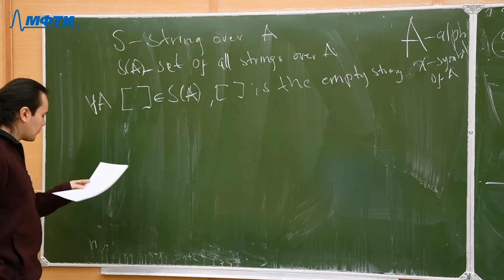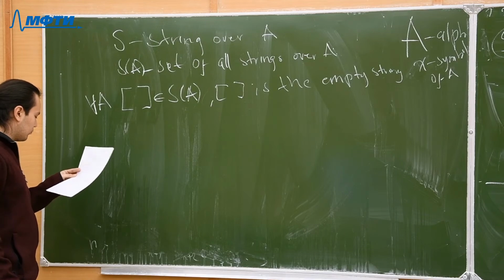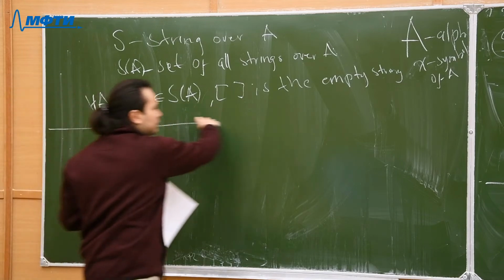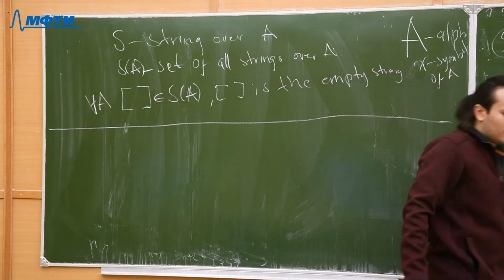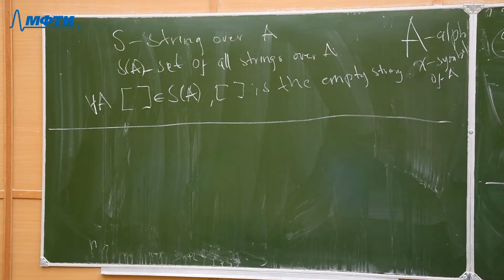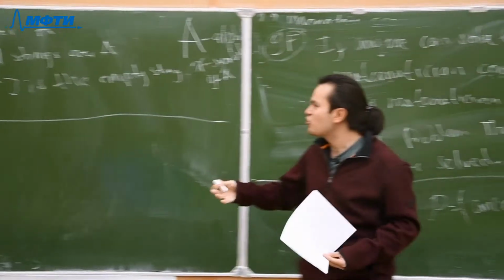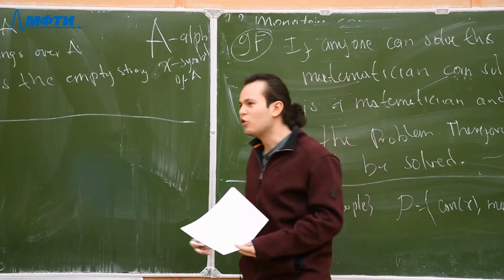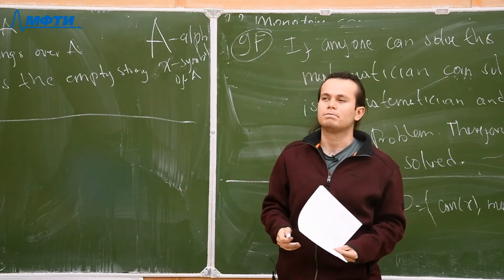Now we define some rules. We are not going to define what a string or an alphabet is, but I'm going to tell you how you can construct them, how you can obtain all the strings you need. This is called the recursive definition.